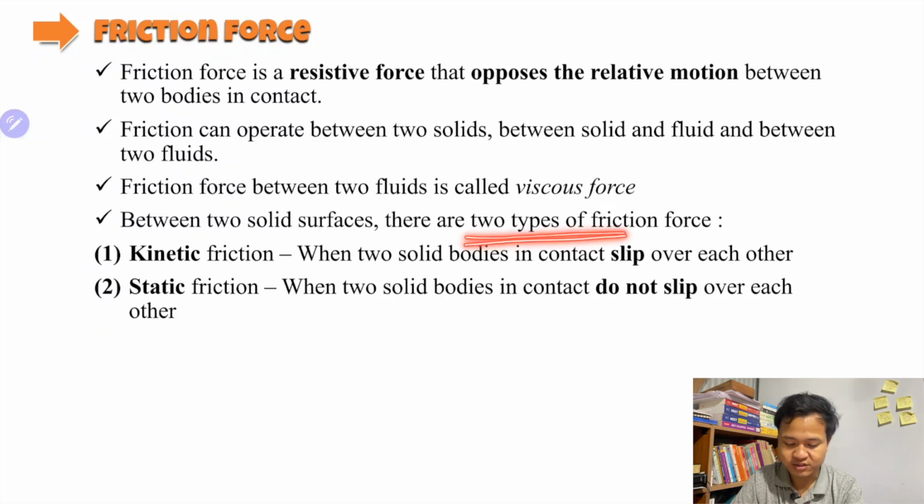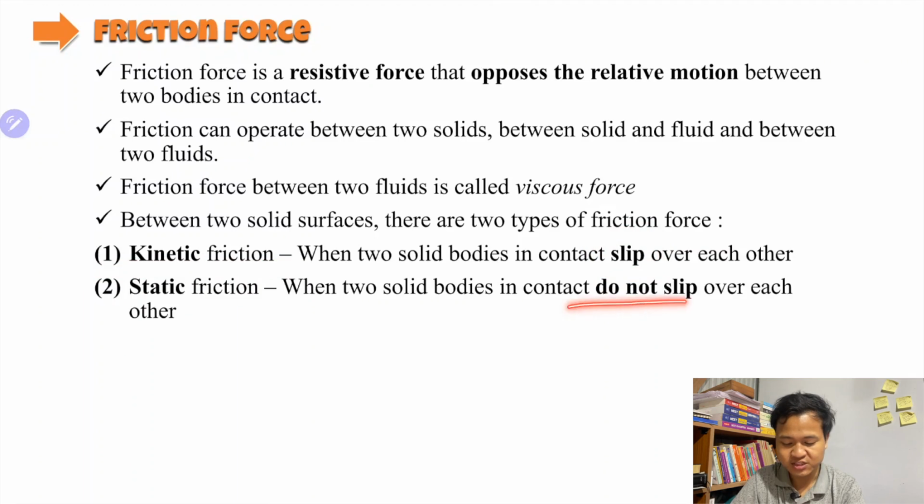For friction force you have two types. If two solid bodies in contact are sliding, for example, A and B are in contact, and either B is sliding or A is sliding or both of them are sliding, or I can say slipping, then that friction force is kinetic friction.